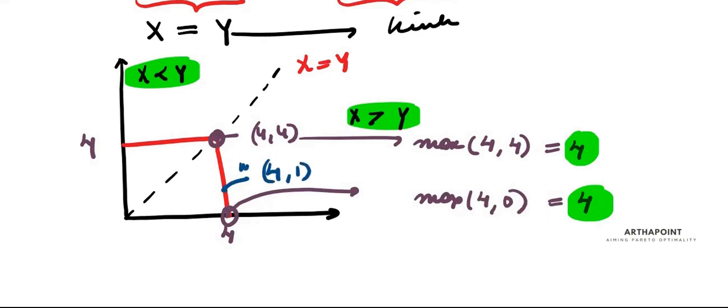So max of 4 and 1 is still 4. So this point also gives you the same utility as this point and this point. This point is y is 4, x is 0. Again, I have to find max of 0 and 4, which is 4. So all these points give you the same level of utility. And because they give you the same level of utility, they have to be on the same indifference curve. That is why you get this as your indifference curve.